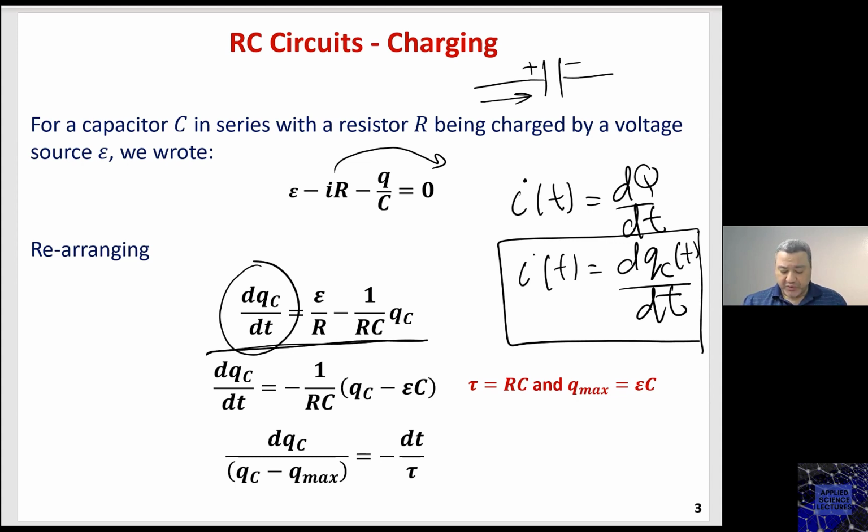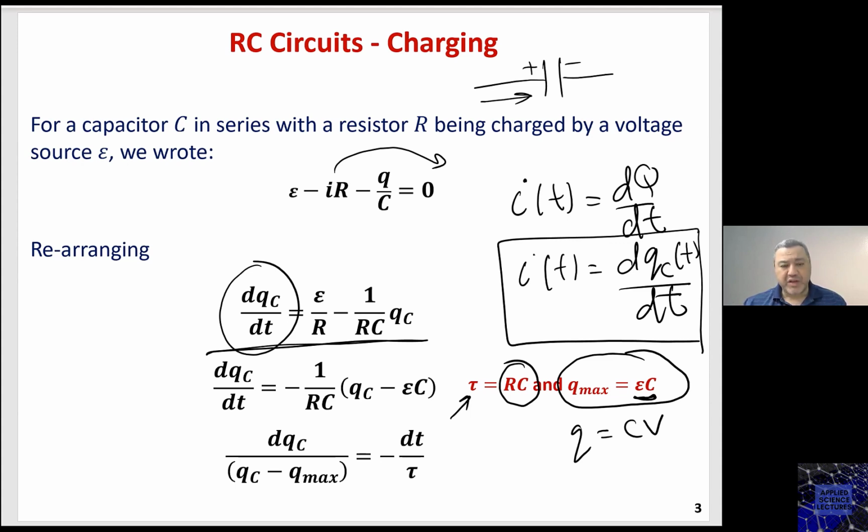Now, if I take the minus 1 over RC outside and I give the RC the variable tau, which defines the time constant, as we will discuss later on, and epsilon times C is the maximum charge stored in the capacitor. We know that Q is CV, where epsilon is the voltage and C is the capacitance. So this gives me the maximum charge that will be stored in the capacitor because of the electromotive force that exists in the circuit.